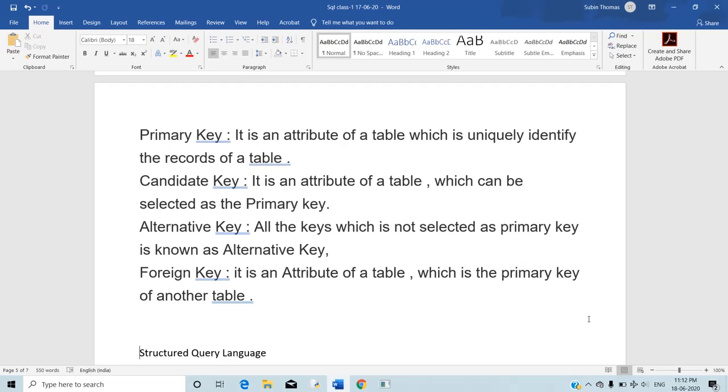So, once again, recollect. Primary key is an attribute of a table which uniquely identifies the tuples of a relation, or the records of a table.